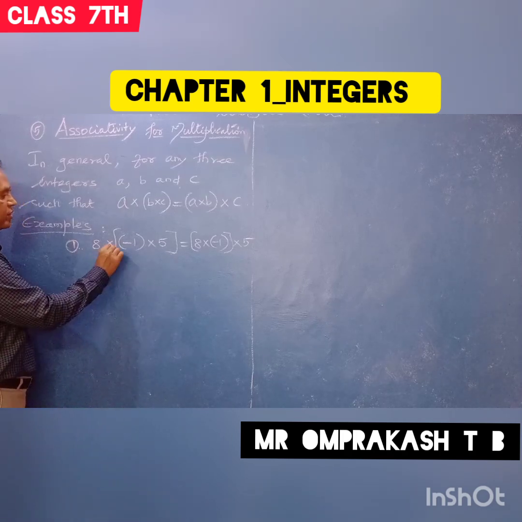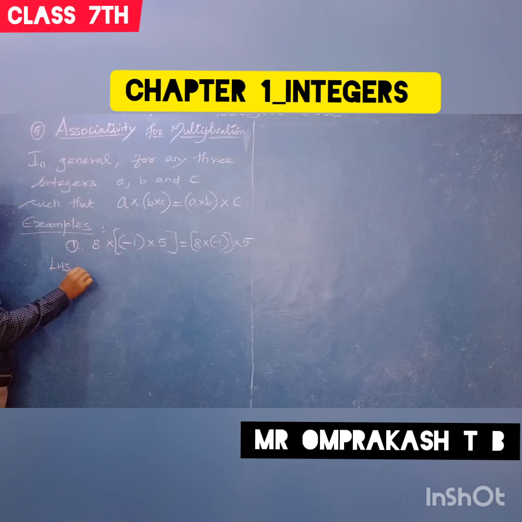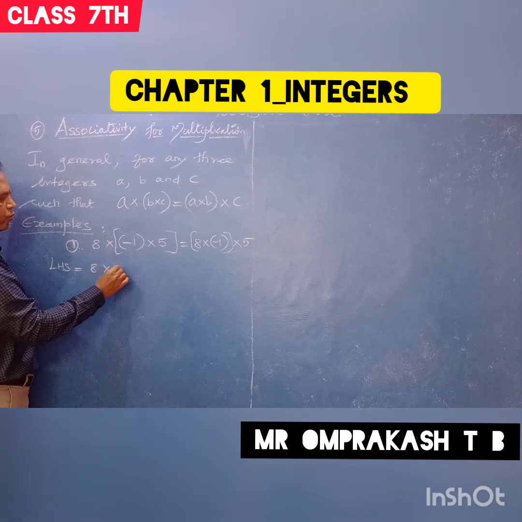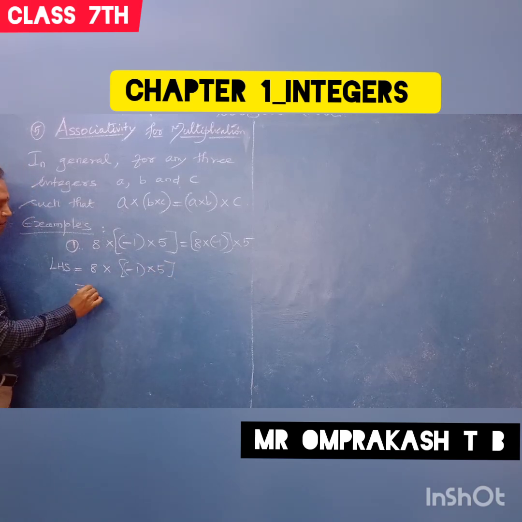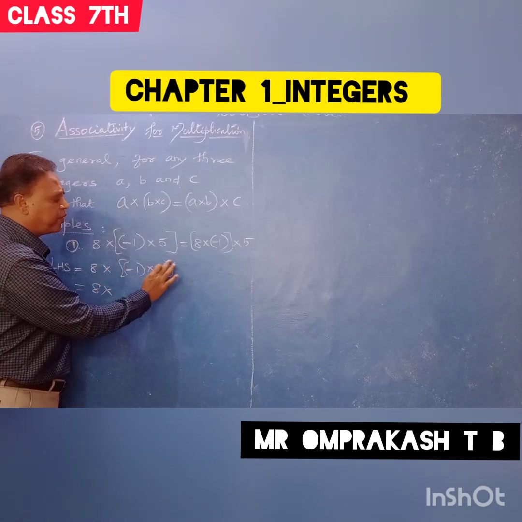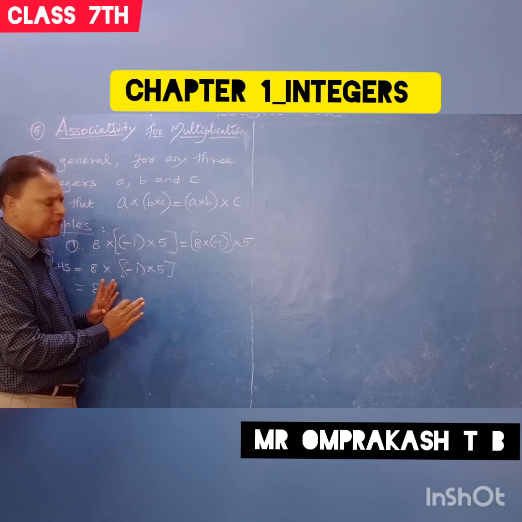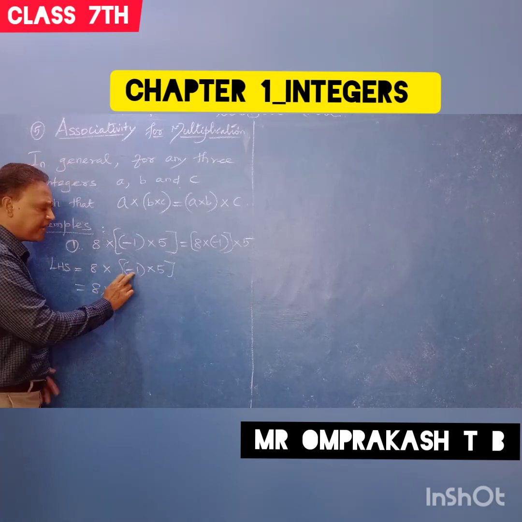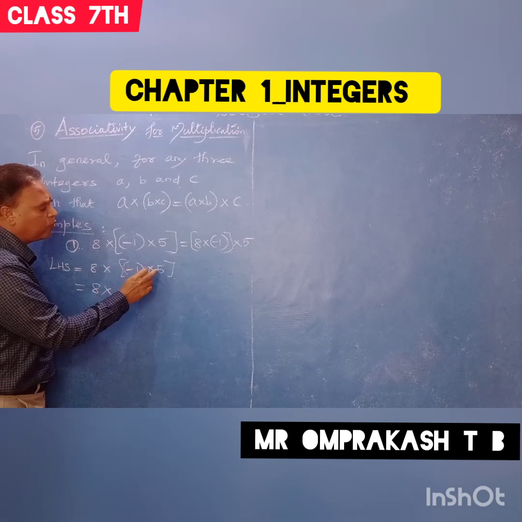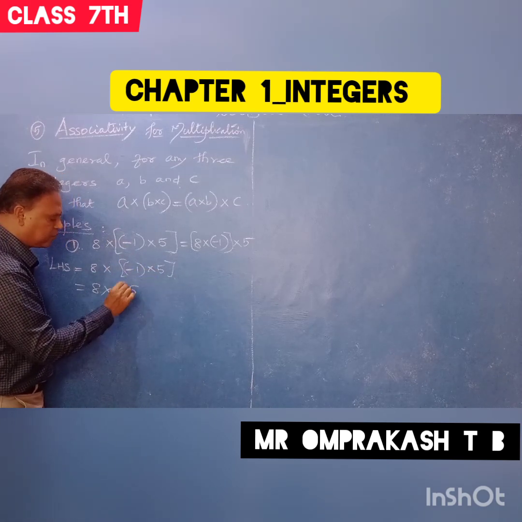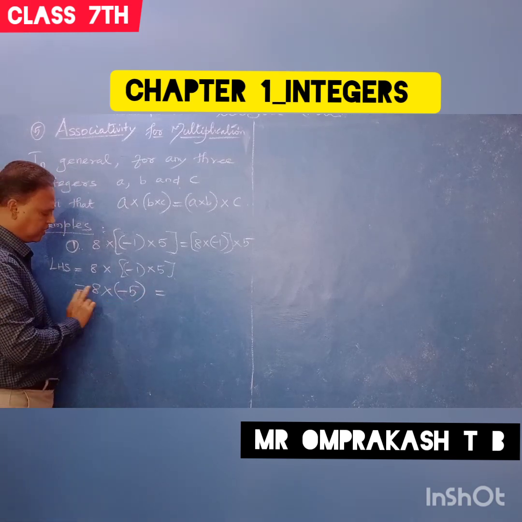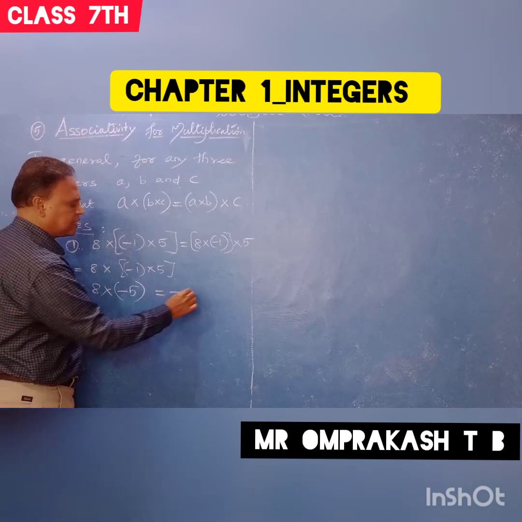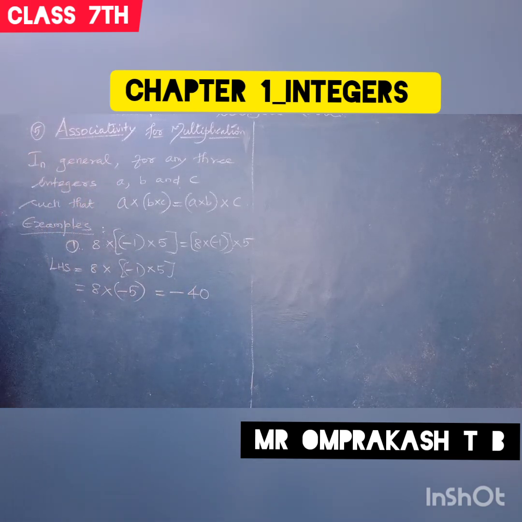First take the left hand side: 8 into (minus 1 into 5). Always first simplify the bracket. Minus 1 into 5 is minus 5. That is equal to 8 into minus 5, which is minus 40.